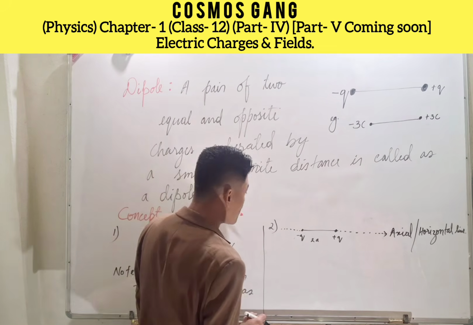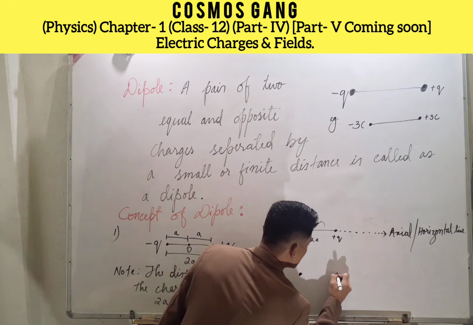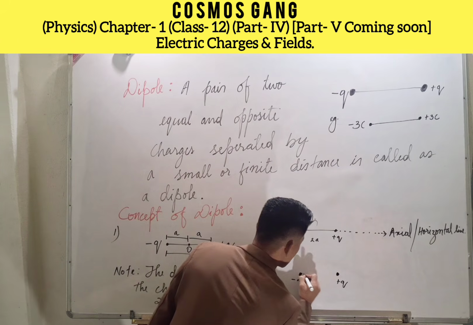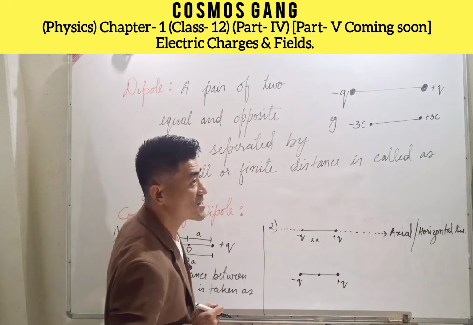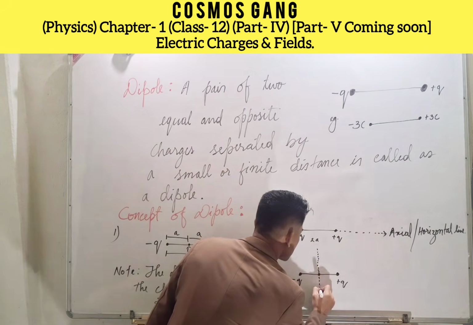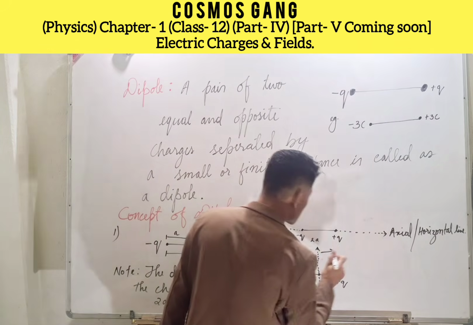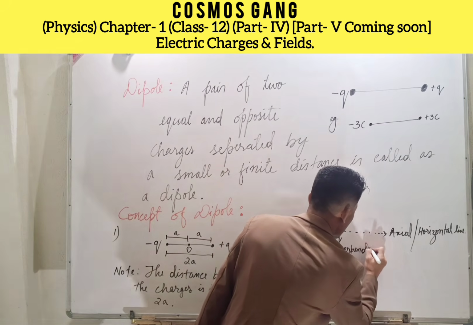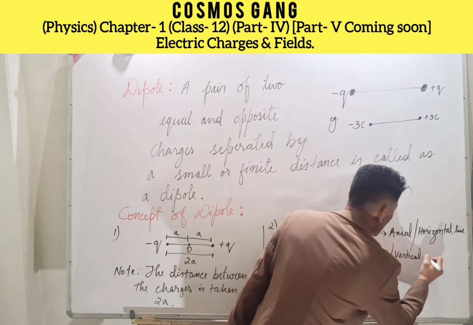In the same concept, I take a dipole and from the center I draw a straight vertical line along the y-axis. This line is called the perpendicular line or vertical line.